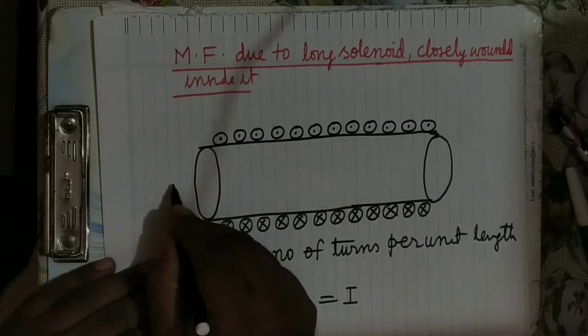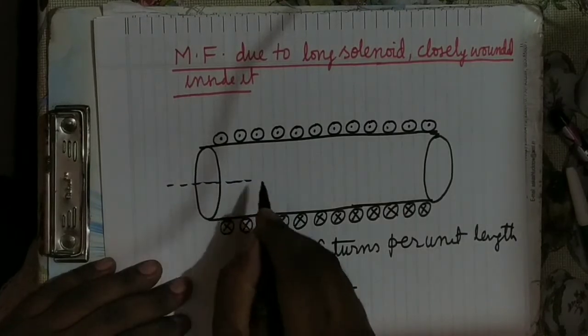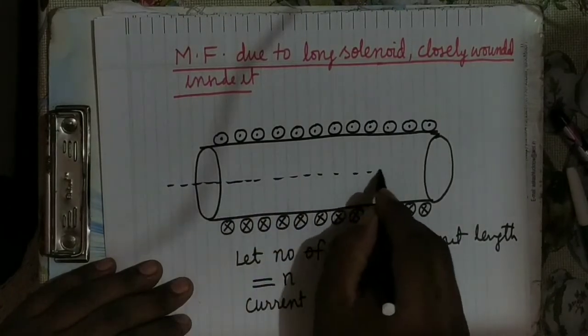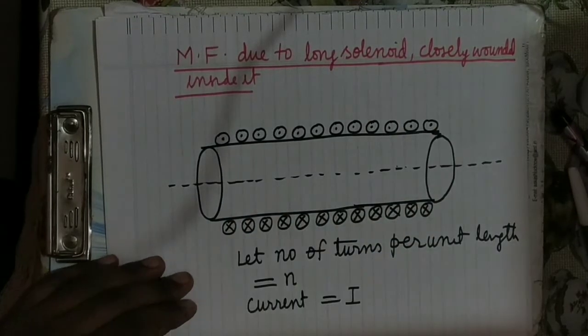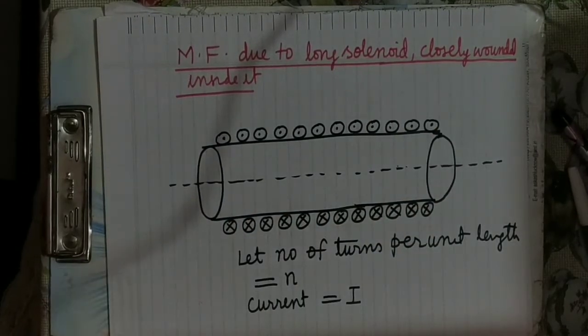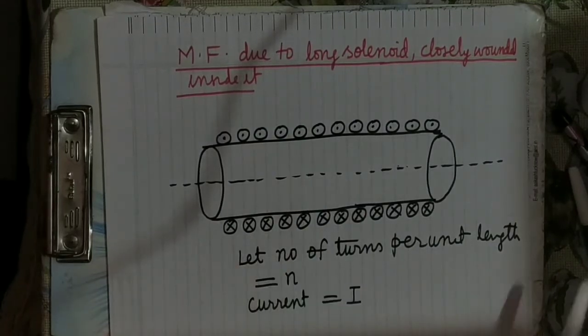Already we know that this is the axis of the solenoid, and that inside the solenoid there will be a uniform magnetic field, and we have to determine its magnitude.